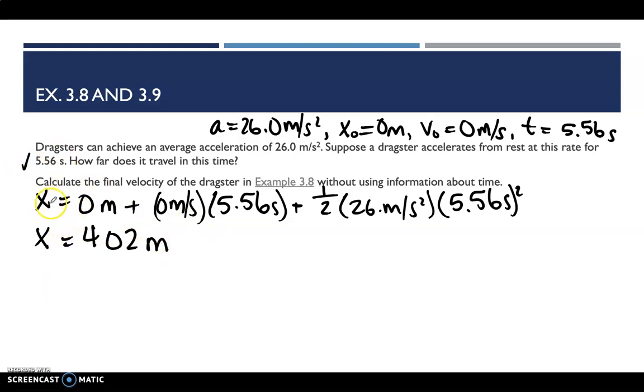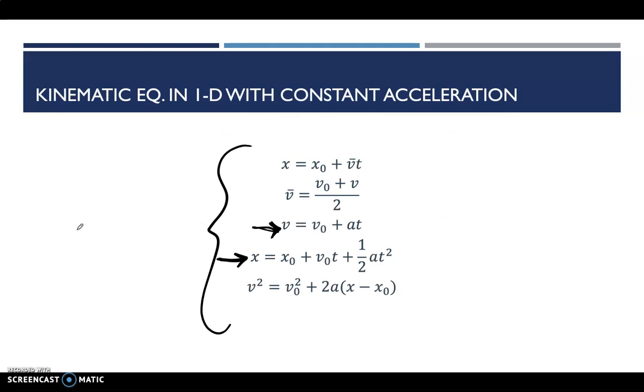Now this second part states: calculate the final velocity of the dragster in this problem without using information about time. So now we're going to pretend that we don't know anything about time and find the final velocity. So let's go back. We're going to ignore time, and we're trying to find the final velocity, so this one doesn't help us.